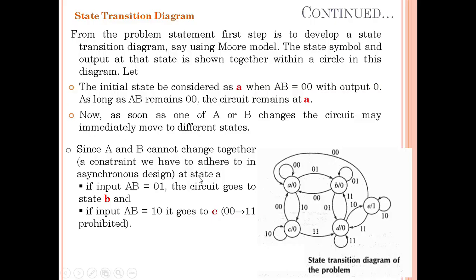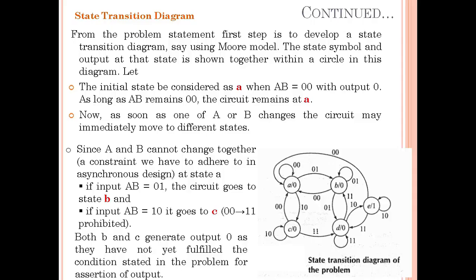At state A, if input AB is 0 1, the circuit goes to state B having the output 0. If AB is 1 0, it goes to state C, and the state 1 1 is prohibited.